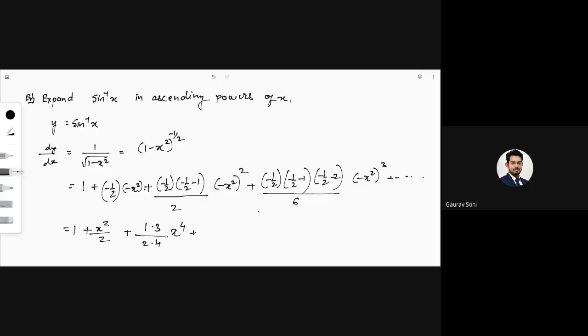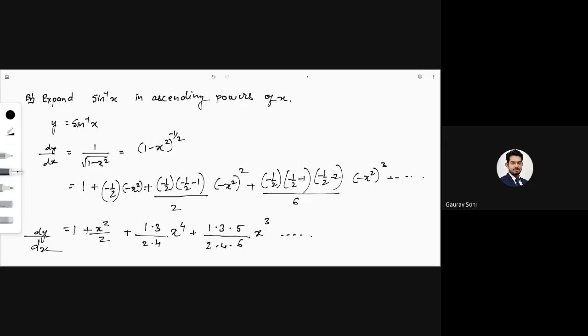What we have is 1 by 2, and this will be 3 by 4, and this will be minus 5 by 4. So totally what we have is 1 into 3 into 5 in the numerator, the denominator first 2, second 4, and there is already 6, x cube, and so on. This is dy by dx.